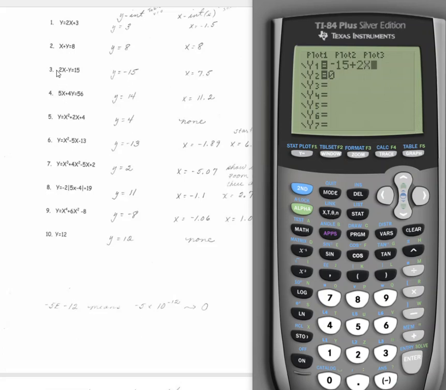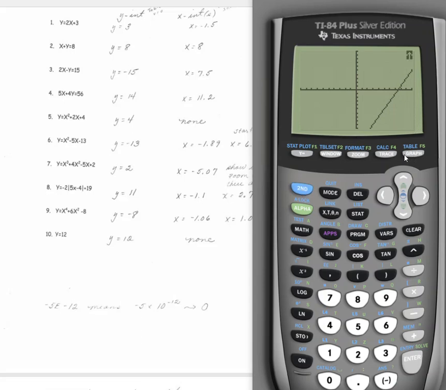When you move the negative 2x over here, and then you've got to get rid of this negative, it's going to change the sign of both terms over here. So 15 becomes negative. The 2x, which was negative when you moved it, is now positive. So we'll hit Graph. We can see the x-intercept. Can't see the y-intercept. May not be a problem for us since we're using the table.